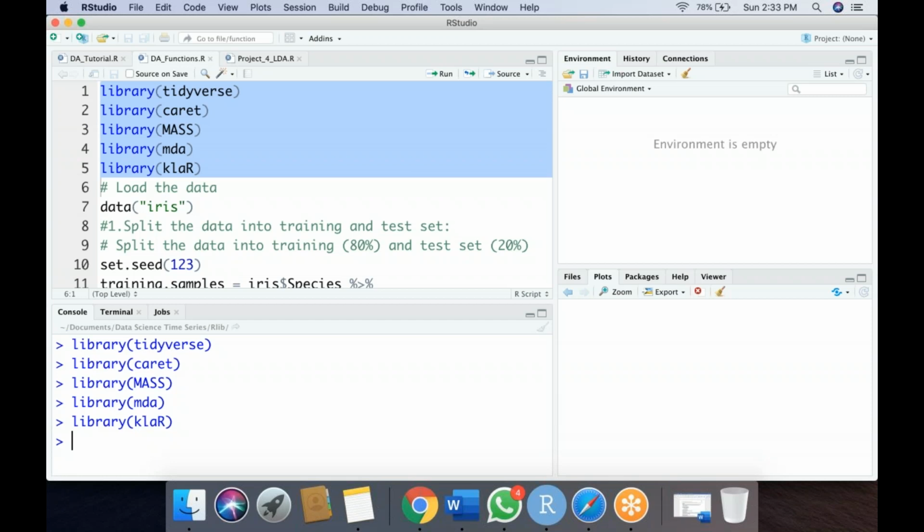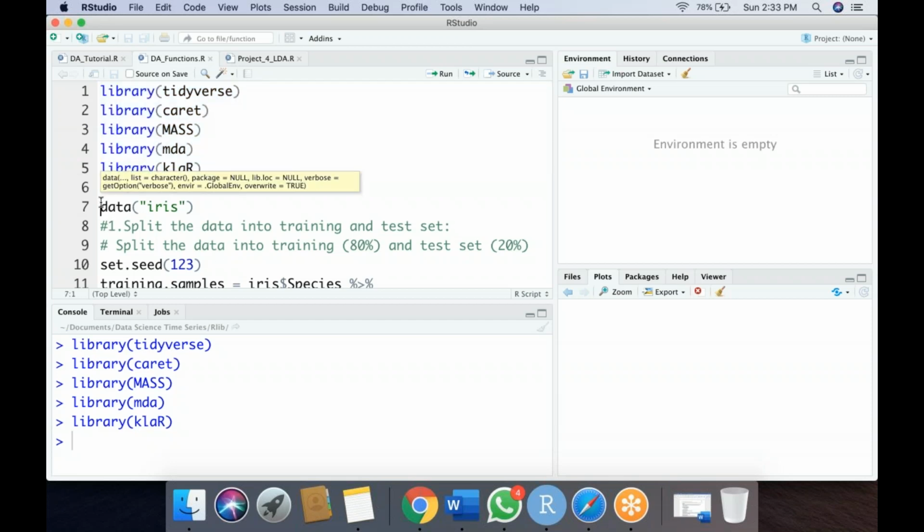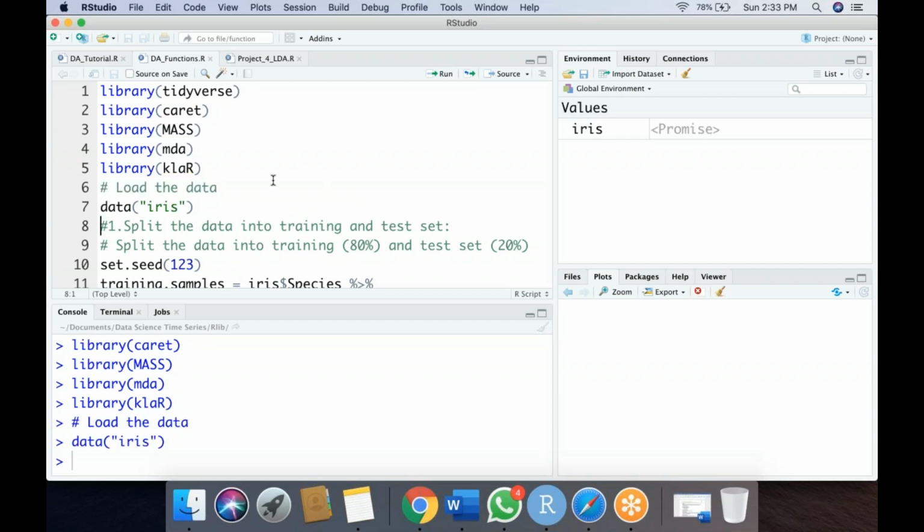And the data set is something like the ABCD or grammar of our machine learning. That data set is known as IRIS. IRIS is a data set about various flowers and their characteristics. So first, let us load the data.